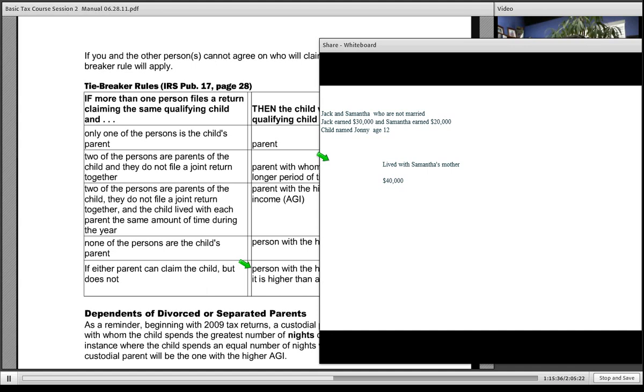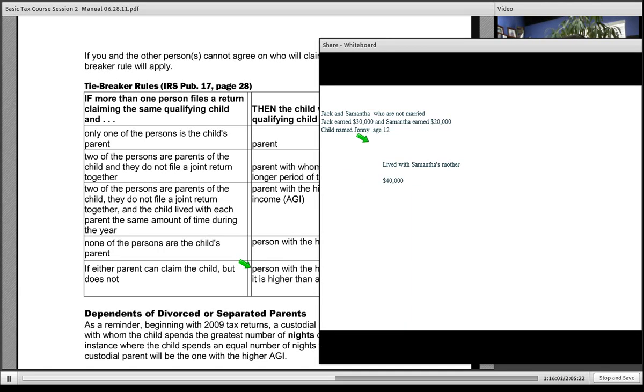Then under the tiebreaker rules, it would fall to Samantha next because Samantha is the parent of Johnny and she also lived with him all year. The very last person in line is Samantha's mother. She had the highest income, but no matter what, she cannot win under the tiebreaker rules unless both Jack and Samantha agree to release that exemption to Samantha's mother.